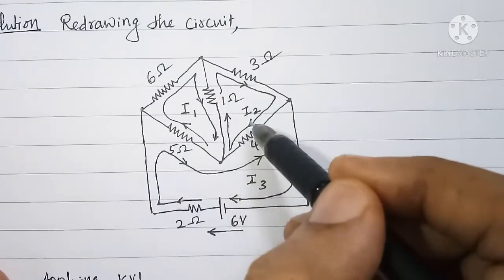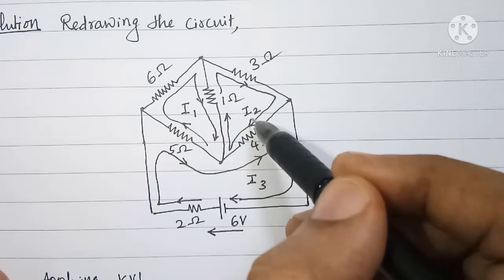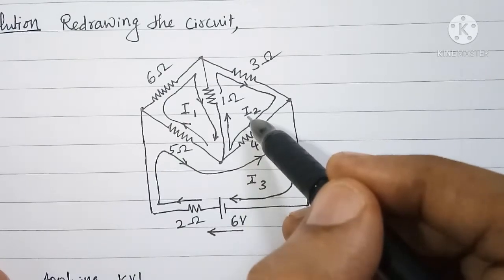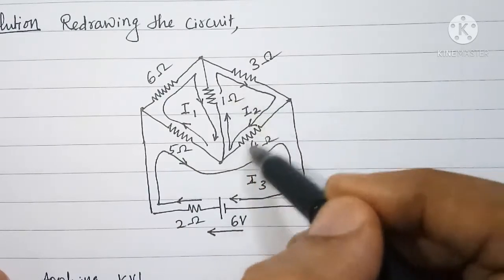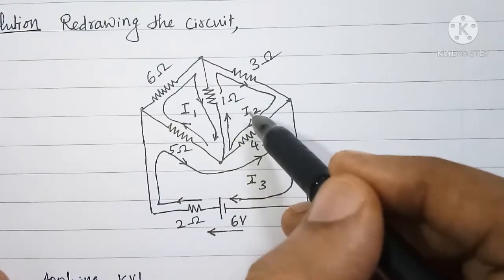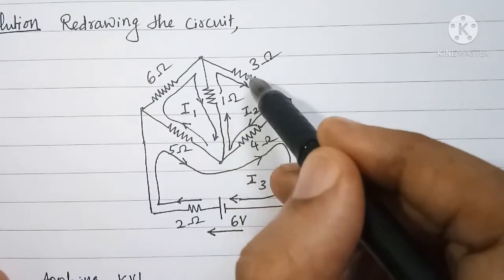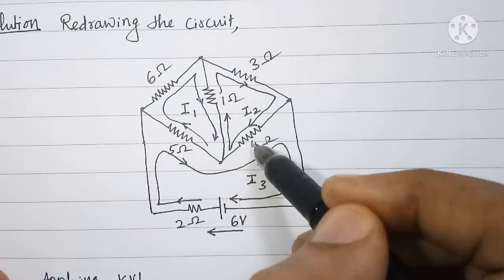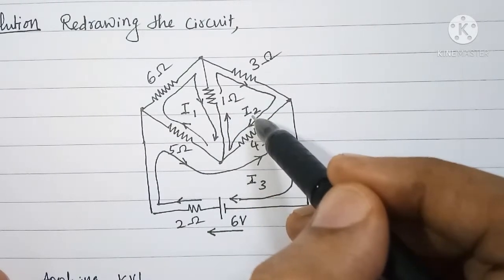Voltage drop in mesh 2 due to I2 is to be calculated as the sum of resistors in mesh 2 multiplied by I2. So 1 plus 3 plus 4, 8 into I2, that is 8 I2.